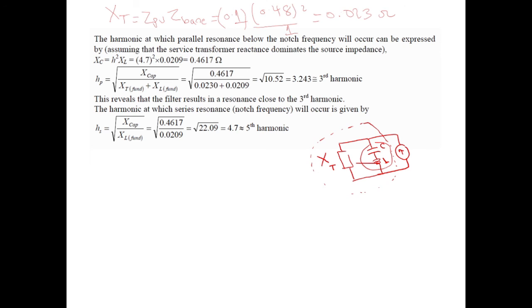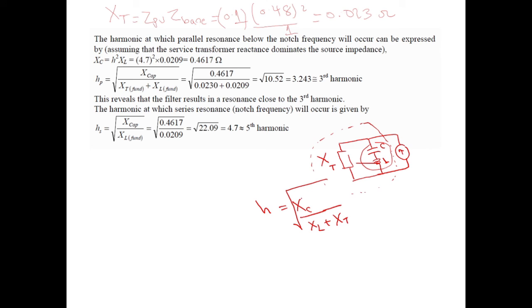So now if I would like to find the order of harmonic for the parallel resonance, what do I have to do? In parallel resonance we have XC, so to find the harmonic order I have XC, XL for the harmonic filter, and X for the transformer.